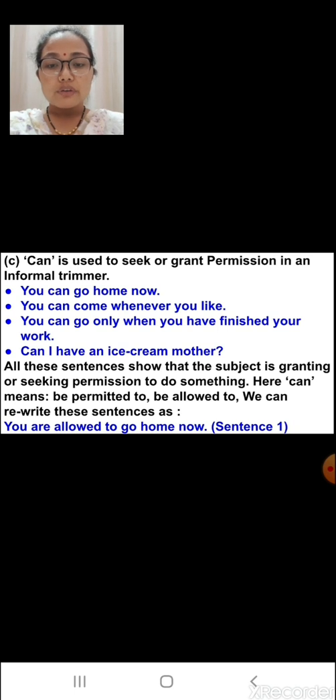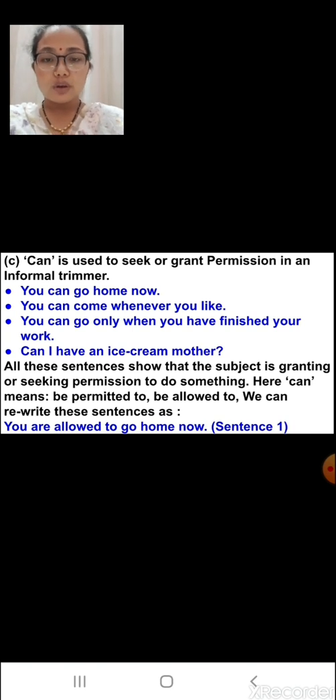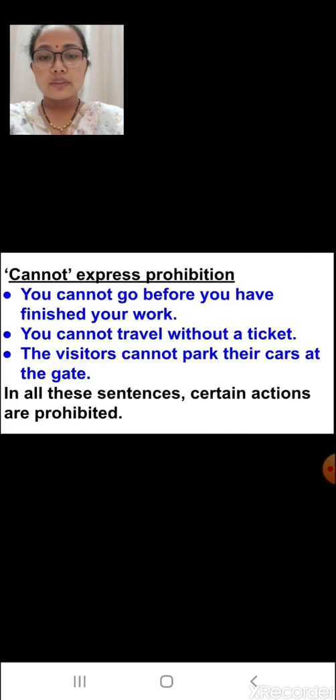We can rewrite these sentences as: you are allowed to go home. This is sentence 1. That was, you can go home now. We can rewrite this sentence as, you are allowed to go home now. Cannot expresses prohibition.